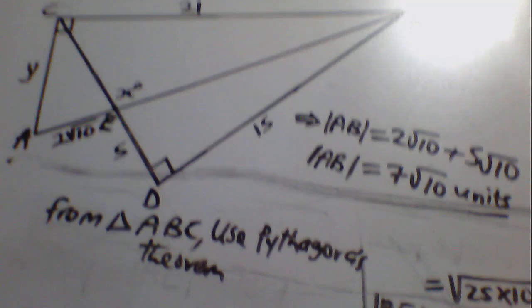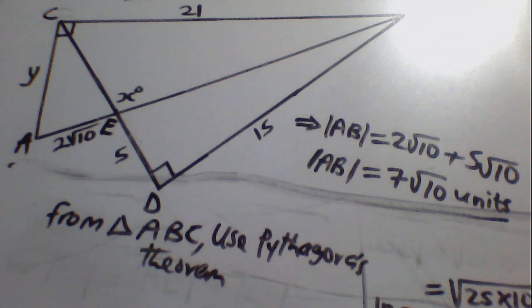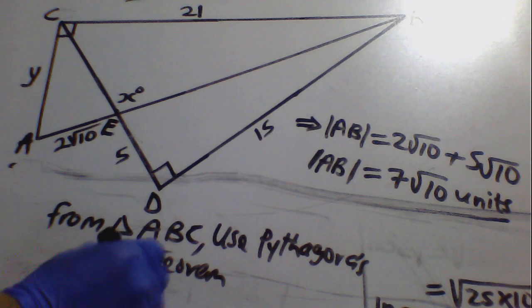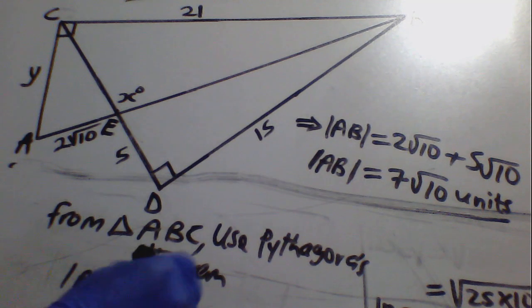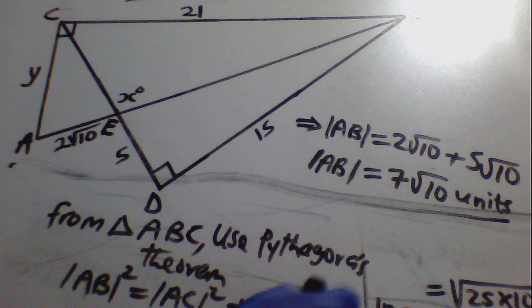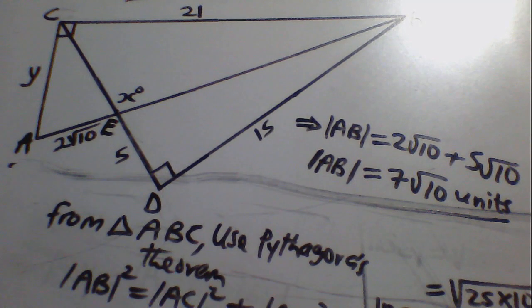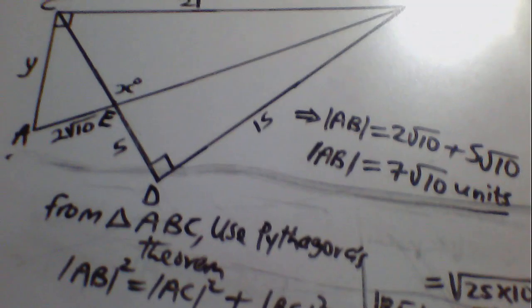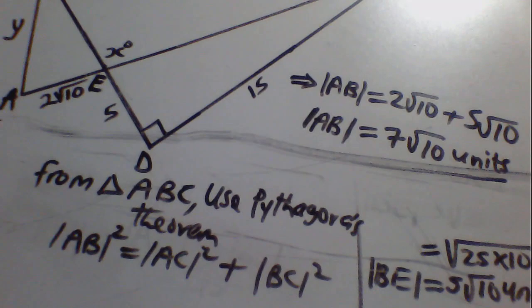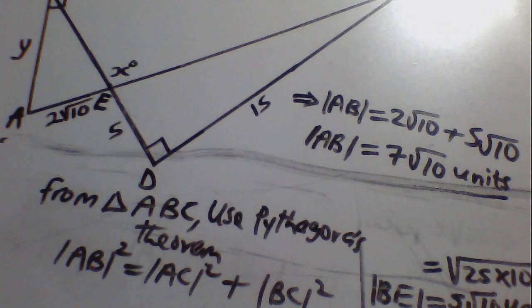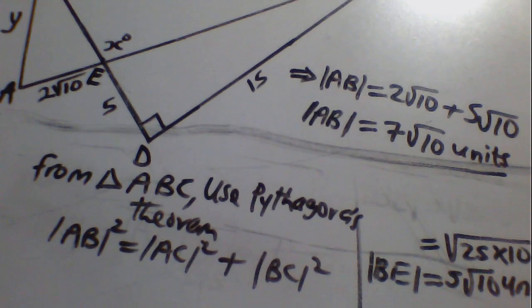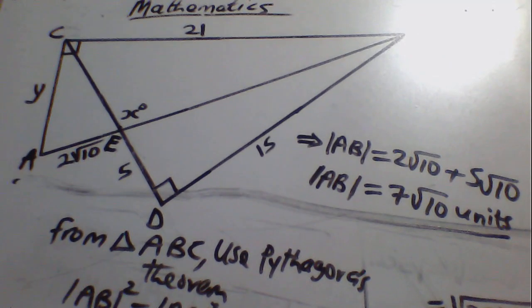From Pythagoras theorem, we have that AB squared is equal to AC squared plus BC squared. Hope you are seeing it. AC is the value y, and then BC squared.